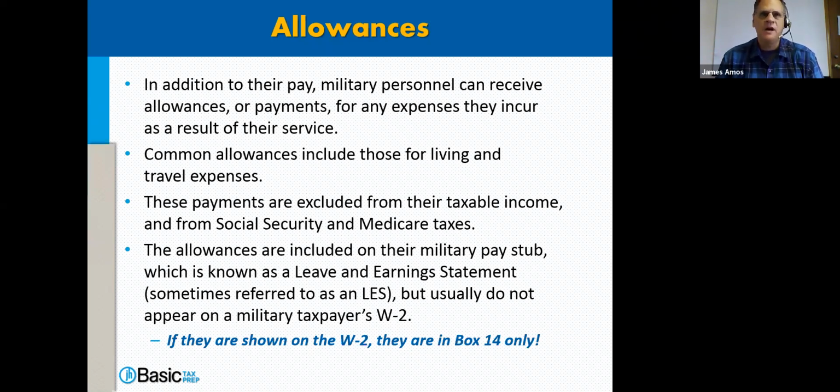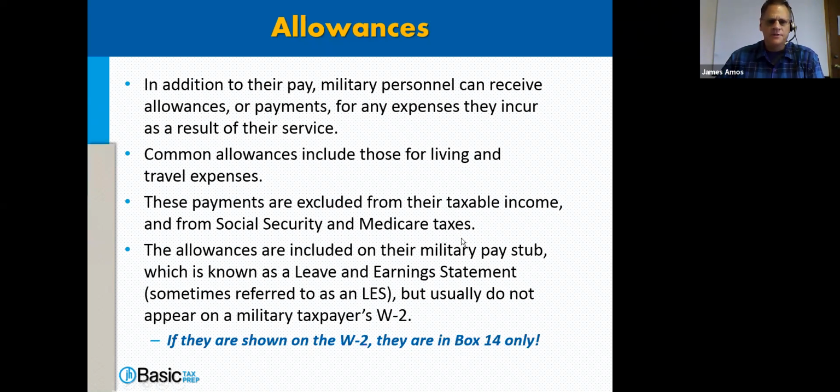If they have me travel for training and they give me a stipend, they're making me basically pay from that stipend. In other words, they give me some money and I pay for it. They're not going to charge me for that because I'm paying that out so I can do my job. So I'm not going to get taxed on federal income tax or Social Security or Medicare on that.